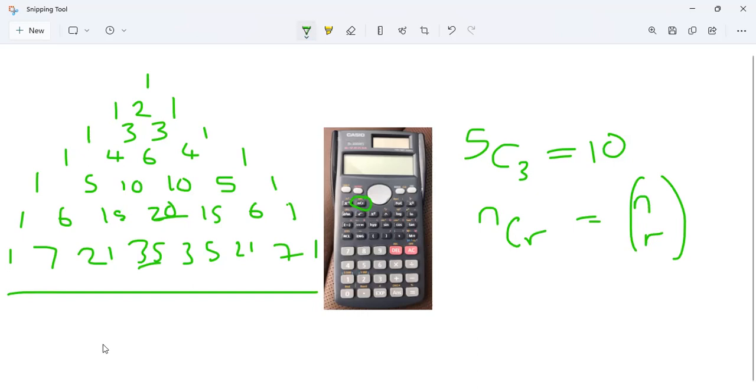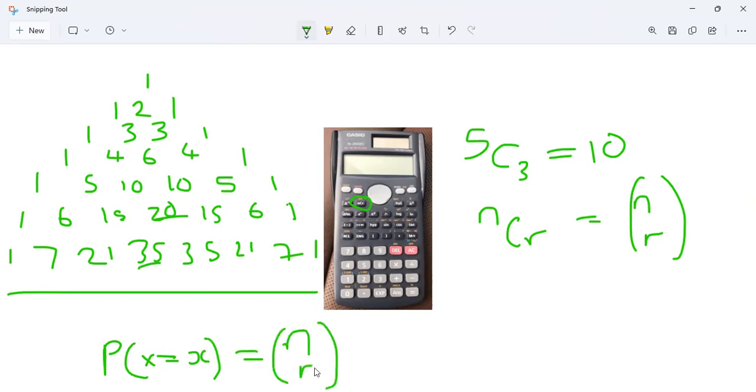The distribution formula is given by n combination R, or you can use X in this case, and P to the power X, and 1 minus P to the power n minus X. This can also be called Q.